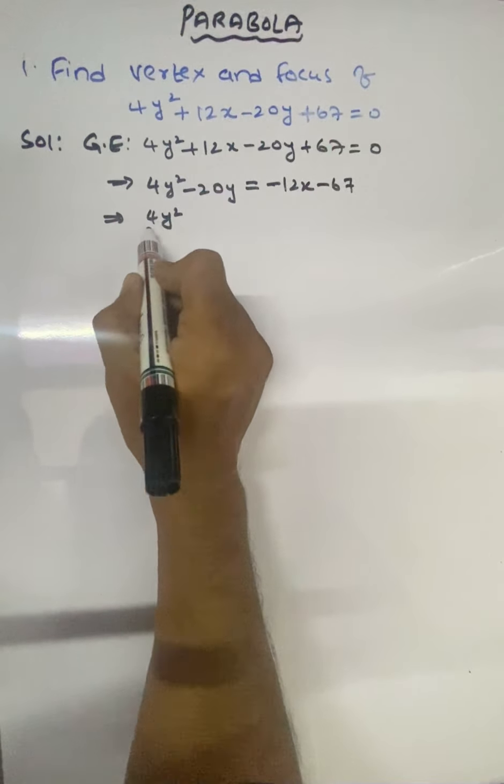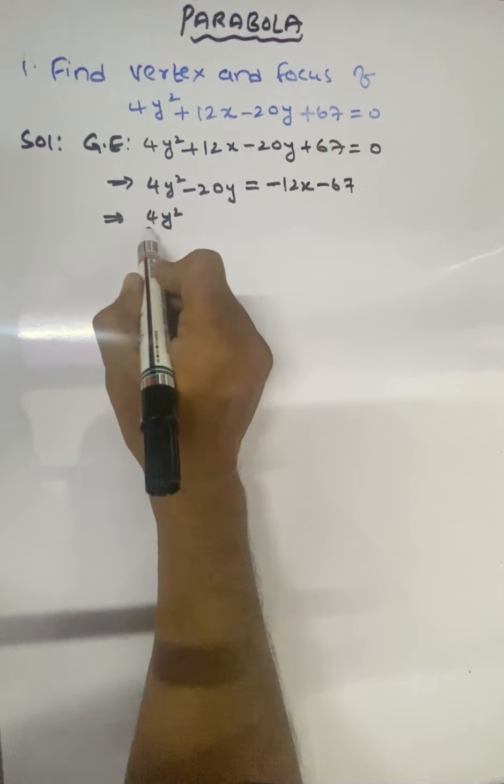Now we have a minus b whole square. Once we have this y minus term and the right side, you can write the formula now. What's the formula we have? Y minus k whole square equals 4a into x minus h. This means whatever value is outside, that is 4a. So what is 4a?